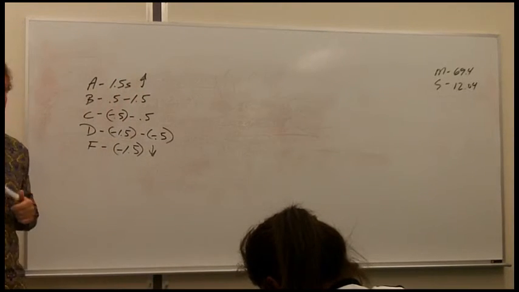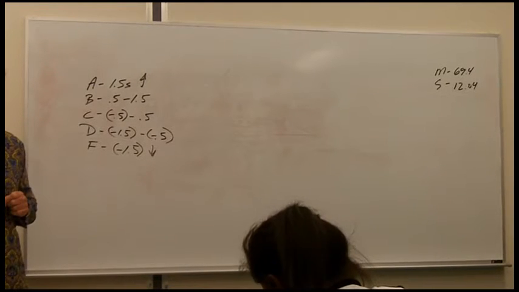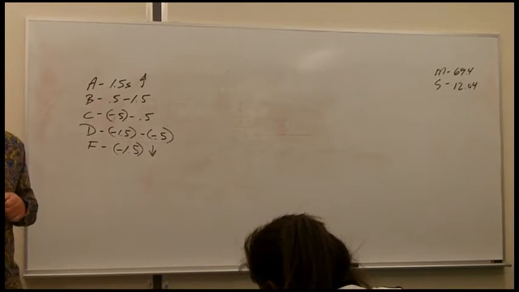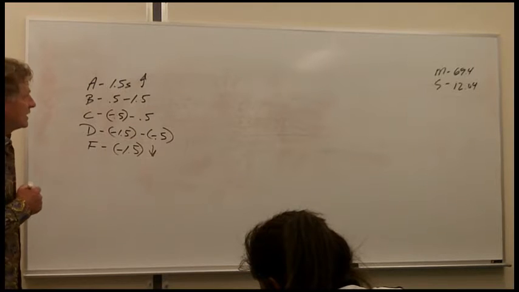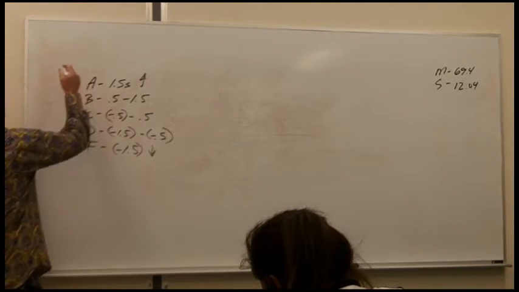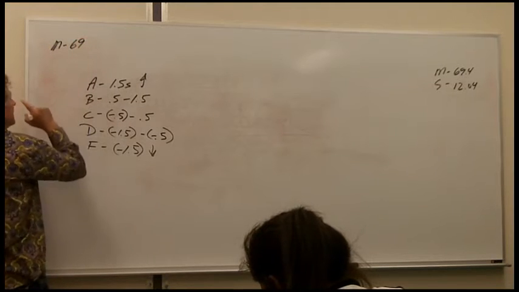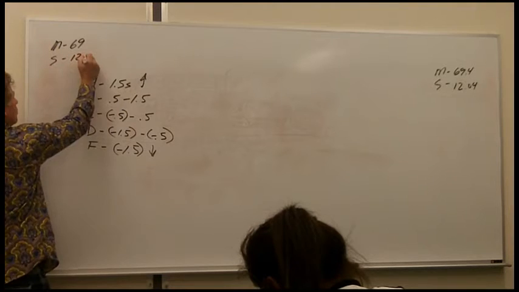And in the instructions it says run the mean and round it to the nearest whole number, and the standard deviation to the nearest whole number. So when we calculate it, we'll get a mean of 69.4, which we round to 69, and a standard deviation of 12.04, which will round to 12.